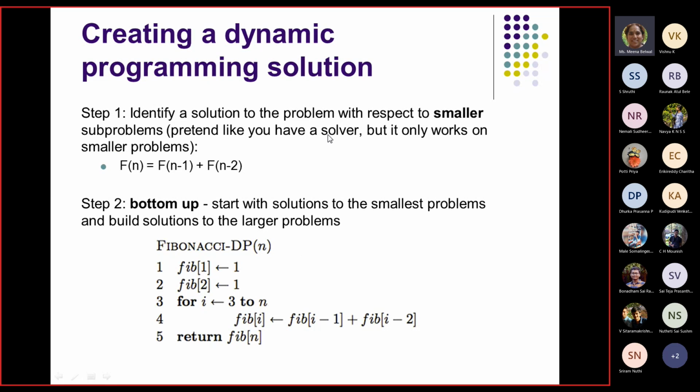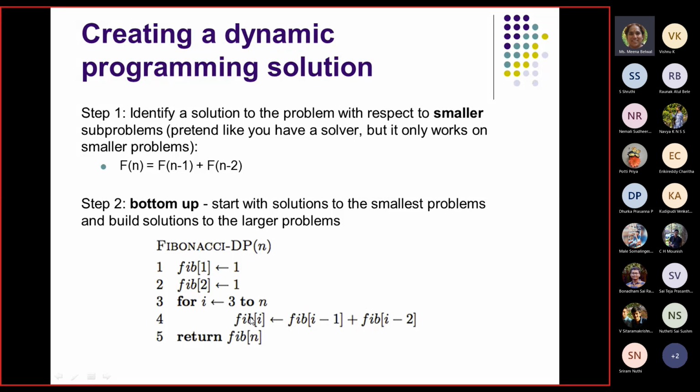Pretend like you have a solver, but it works only for smaller problems. For example, Fn is Fn minus 1 plus Fn minus 2. I will say that I cannot solve Fn, but yes, I can solve Fn minus 1 and I can solve Fn minus 2. And then we need to do bottom up. Start with solutions to the smallest problems and build solutions to the larger problems.